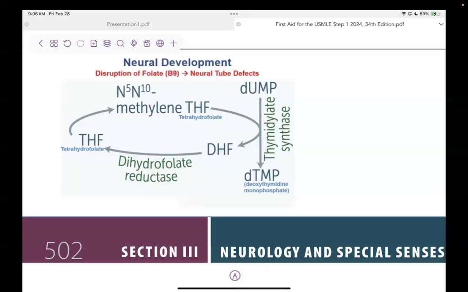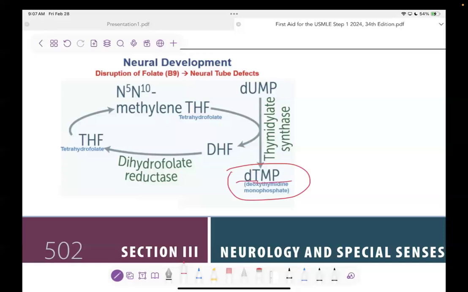So for neural development, we said that folic acid is very important. Let's see how it does that. We know that whenever an embryo is growing, we need a lot of DNA because DNA is the part of the cell that helps with the development and growth. So we want to make deoxy-TMP or deoxythymidine monophosphate.